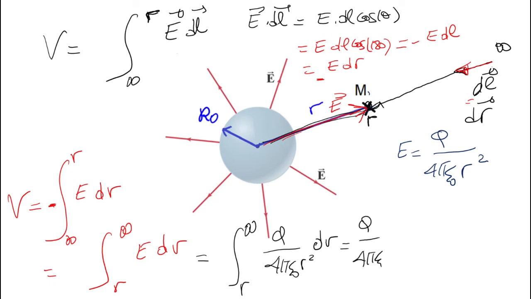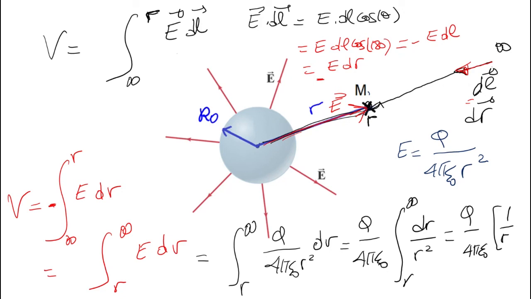Q over 4 pi epsilon 0 are constants. They can go outside the integral, and it will be just the integral from r to infinity of dr over r squared. The integral of dr over r squared will be just negative of 1 over r, between r and infinity.